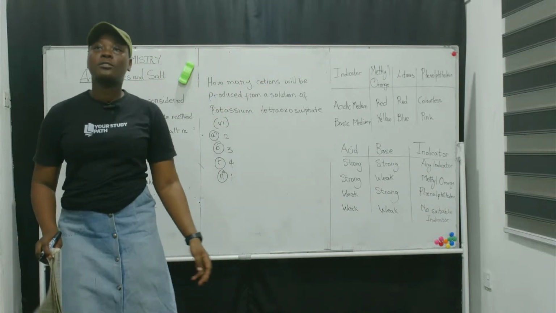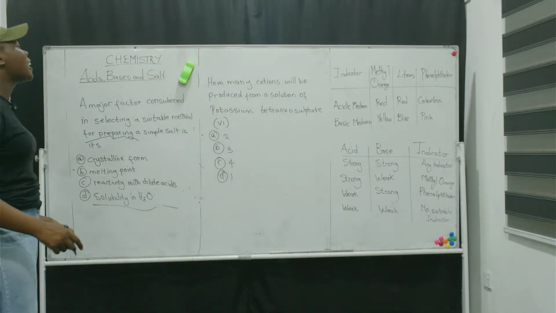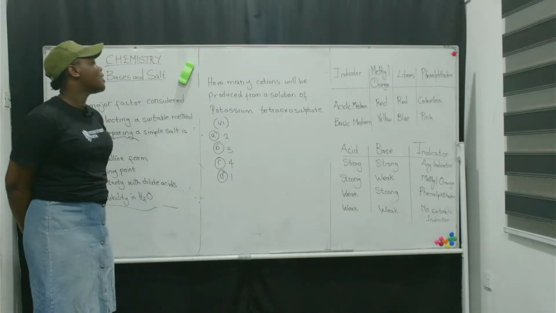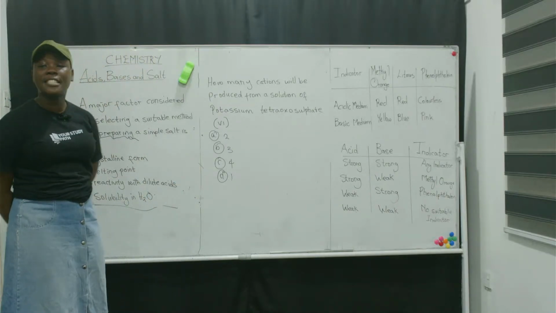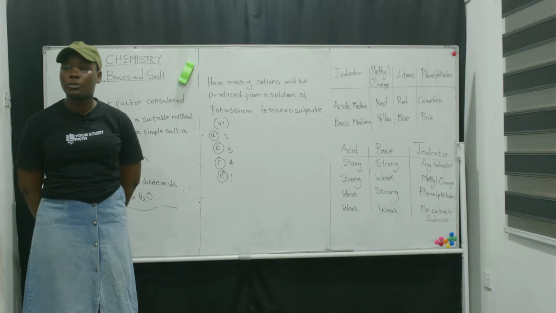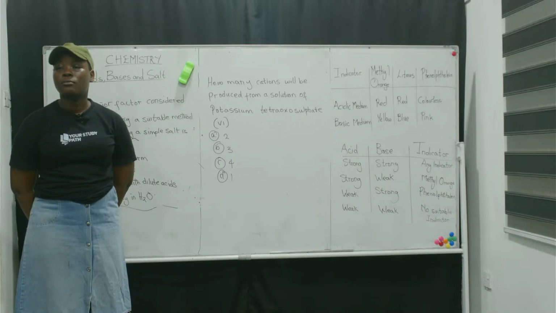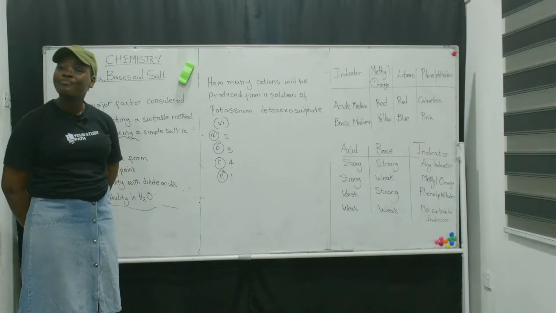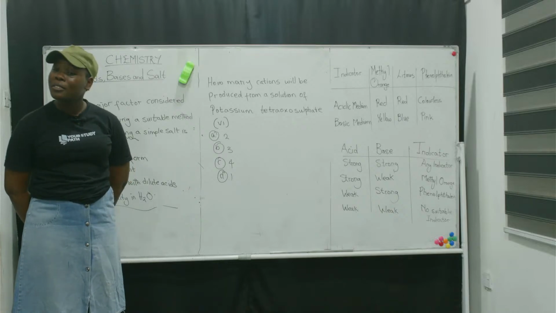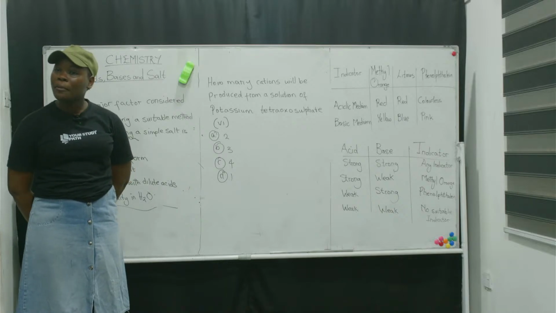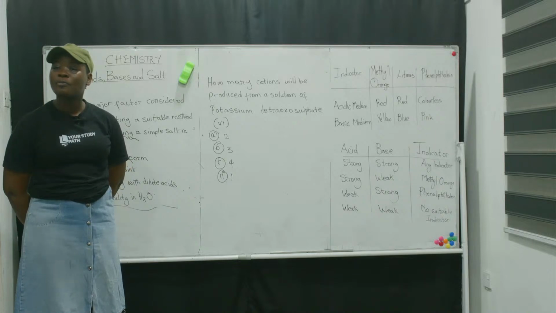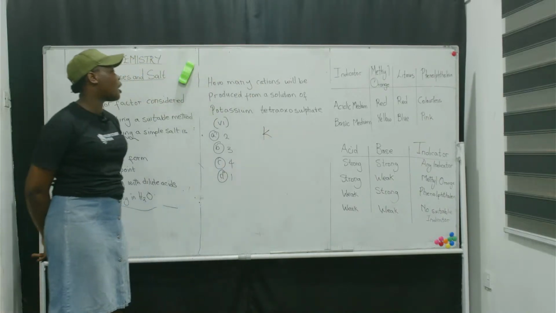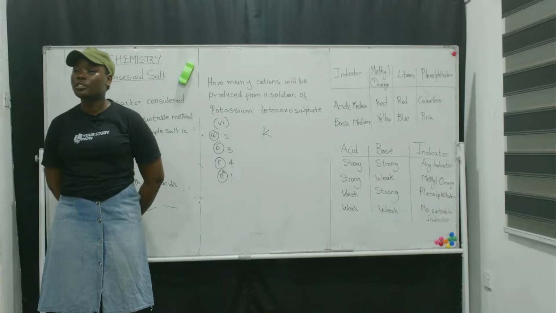The board, please. How many cations will be produced from a solution of potassium tetraoxosulfate 6? What is potassium tetraoxosulfate 6? What's the chemical formula for potassium? What's the chemical formula of tetraoxosulfate 6?